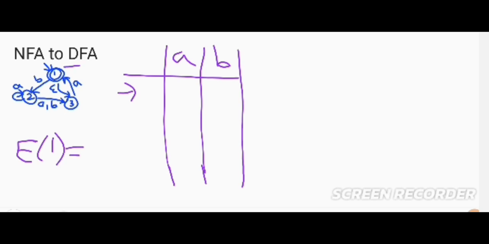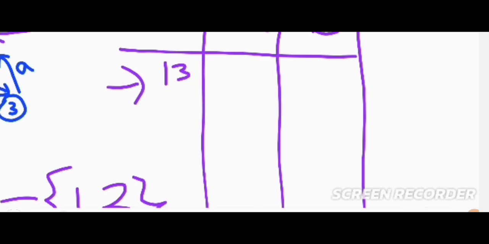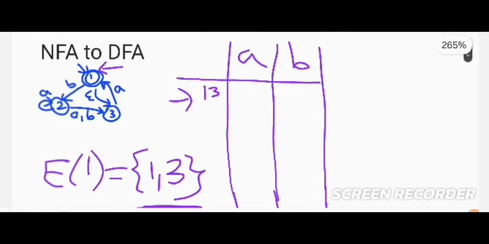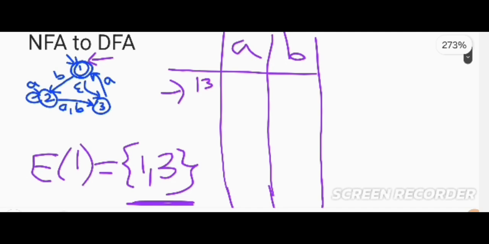Given that the initial state of the NFA is 1, we'll compute the epsilon closure of 1. Epsilon closure of 1 is the state 1 and the state 3, since we have an epsilon transition between 1 and 3. So the result will be the set of states 1, 3. For the sake of simplicity, we'll write it just 1, 3. Now we have the initial state.